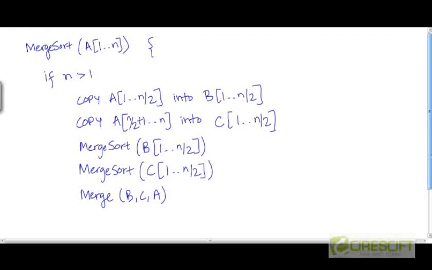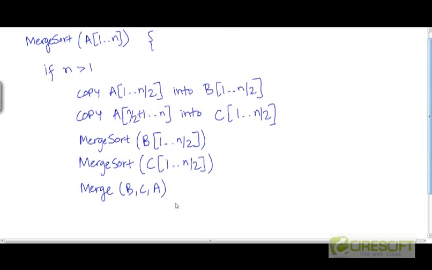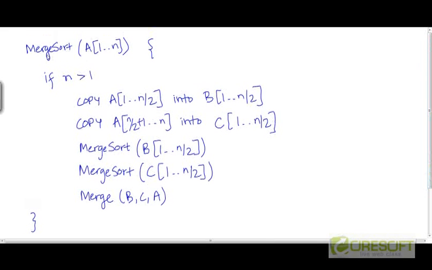Here's the pseudocode for merge sort. So merge sort is a function that takes an array of size n and sorts it. The way the code is written is, if the size of the array is more than 1, we execute these statements.